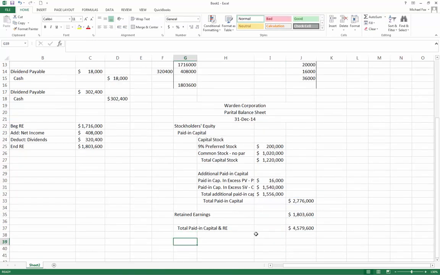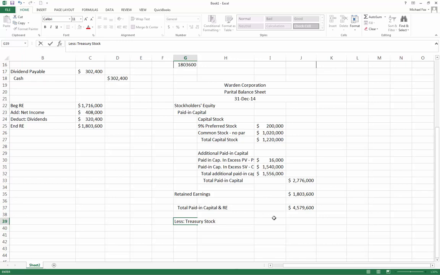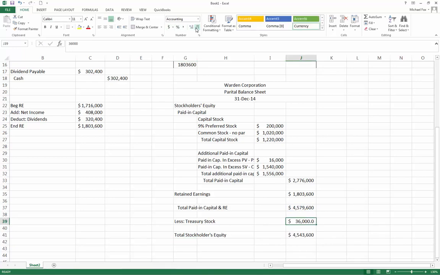Then we'll do treasury stock. Treasury stock has a balance of $36,000. That would give us our total stockholders' equity. And there you go. That was part 3.